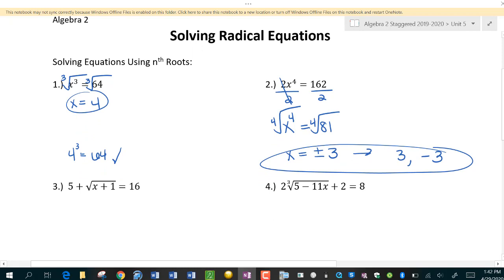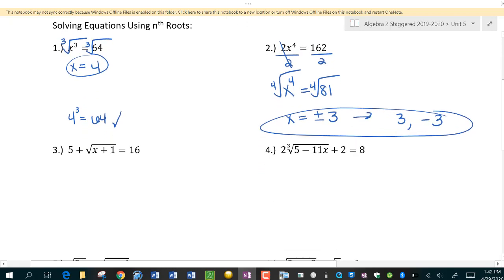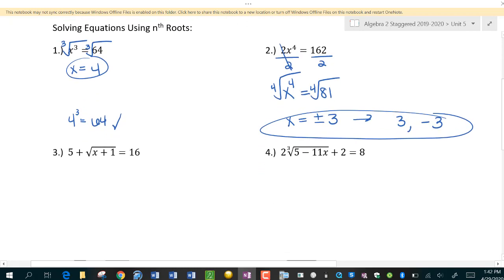Okay, 3 and 4 are slightly different. So this is going to be kind of the opposite process that we did for the first 2. So like any other equation, I isolate first. So since I have 5 plus the square root of x plus 1, I'm going to subtract 5 from both sides. So I get that square root of x plus 1 equals 11.